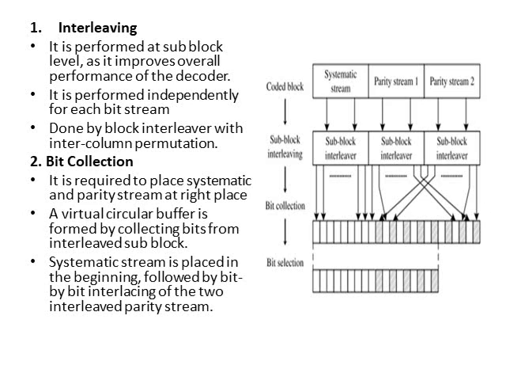We can also say that the systematic stream placed at the beginning is always followed by the bit-by-bit interlacing of the 2 interleaved parity streams. So in total, the bit collection stage gives a combination of the systematic stream and parity streams.